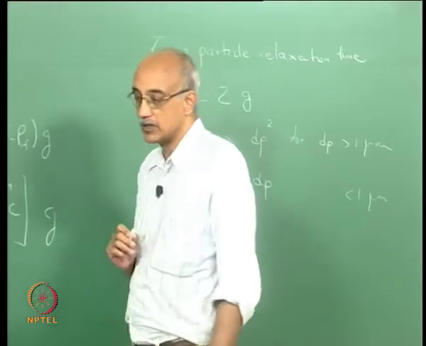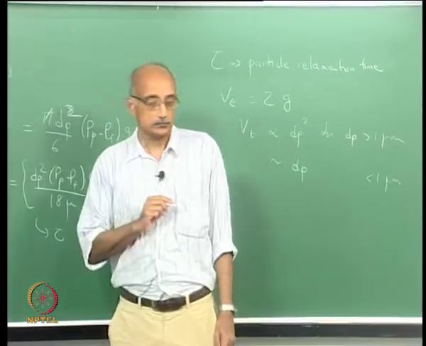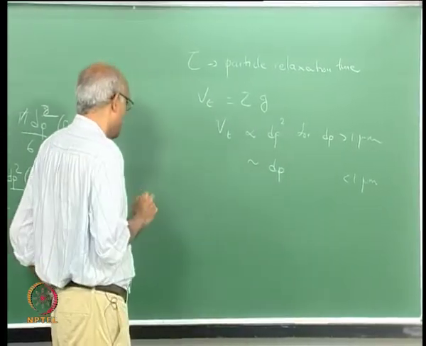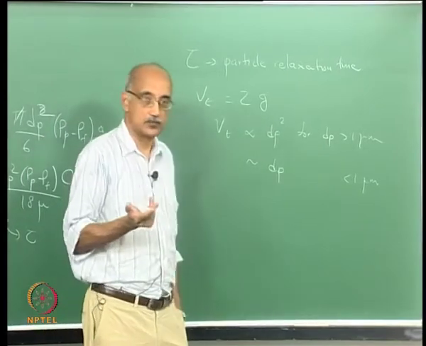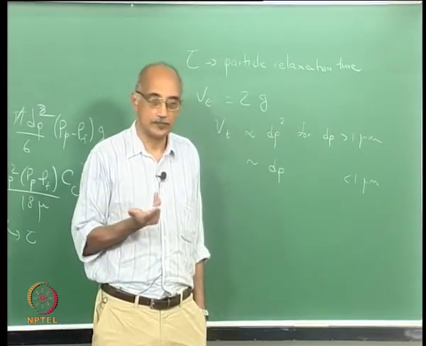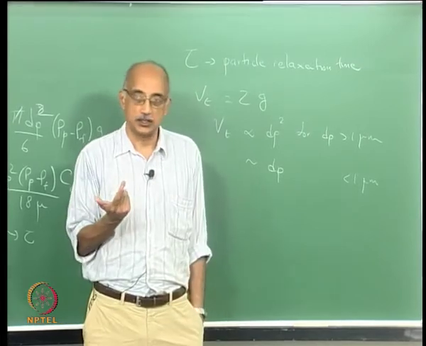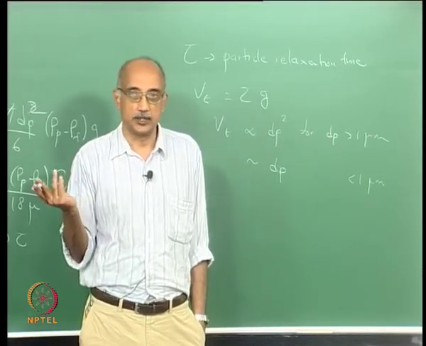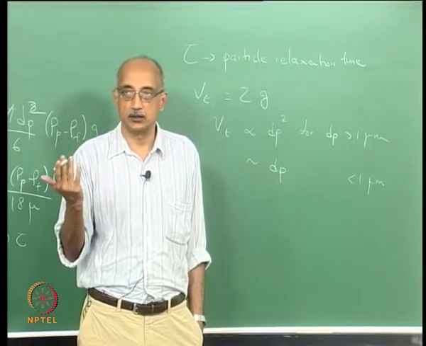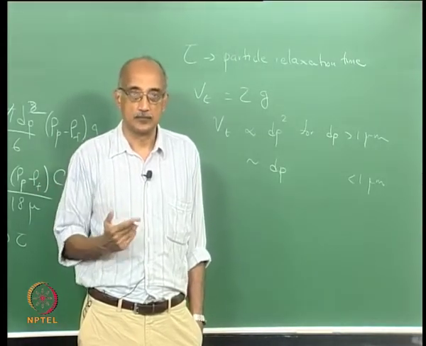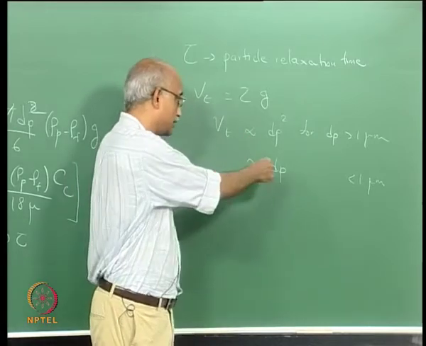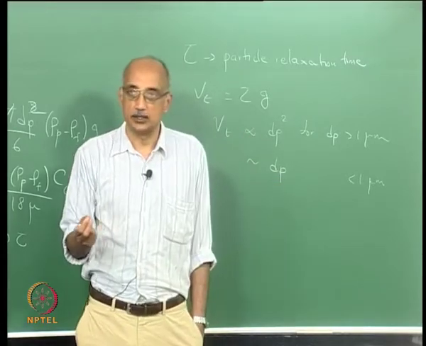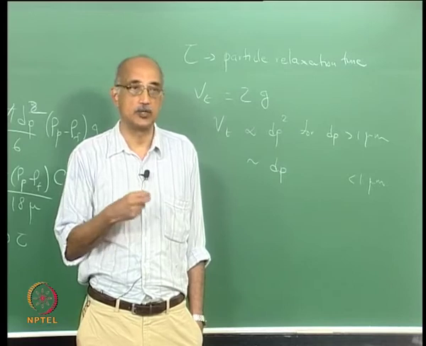Now, that is an important consideration, and in fact, for nanoparticles, as you start approaching the nano regime, what do you think the settling velocity dependence on particle size is? Is it going to be linear, quadratic, or less than linear? Actually, if you just extrapolate this, as particles become finer and finer, the dependence on particle size will keep decreasing.